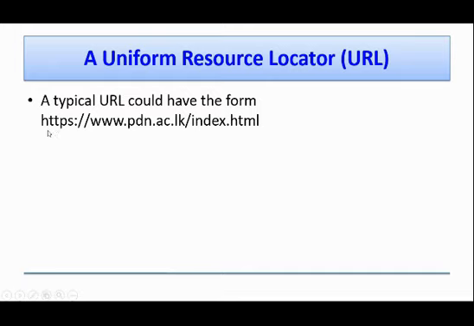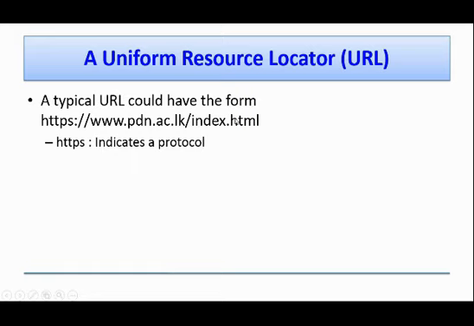Initially we have to specify the protocol. If it is a web page access, that may be HTTP or HTTPS. If it is a file access, it may be FTP. And then here we have the domain name or the location of the website, and here is the web page, right?